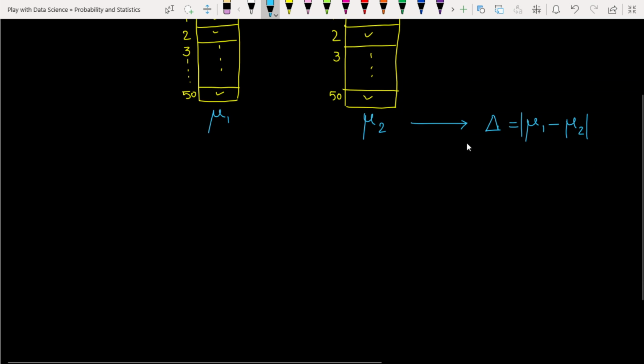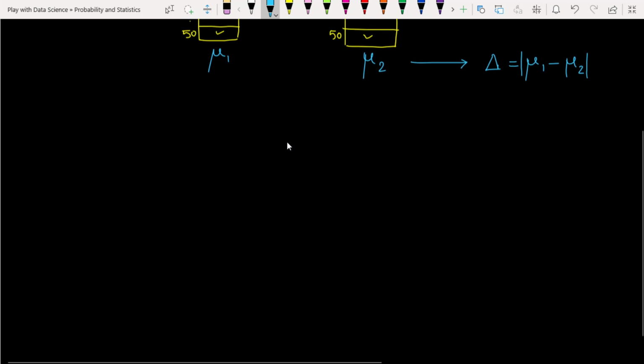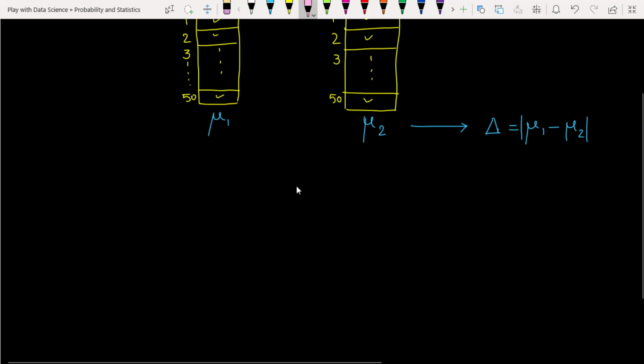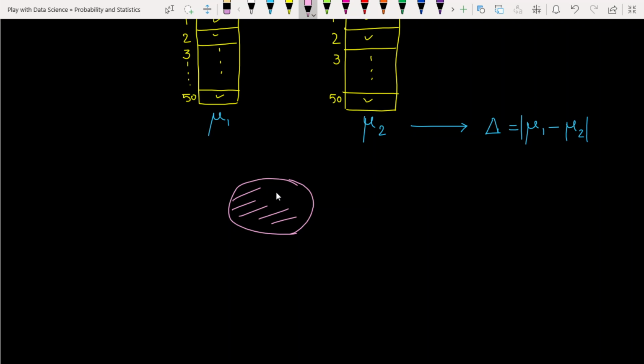After calculating the difference of the means, the next thing we have to do is mix these two samples together. Suppose this is the big sample.